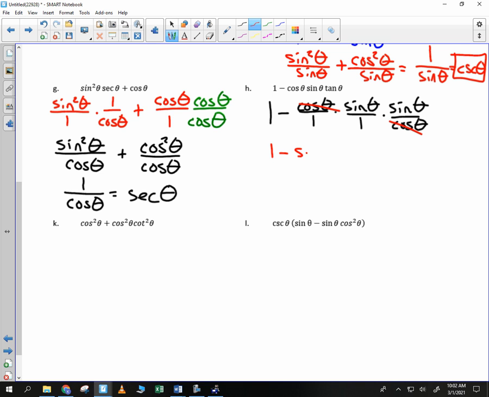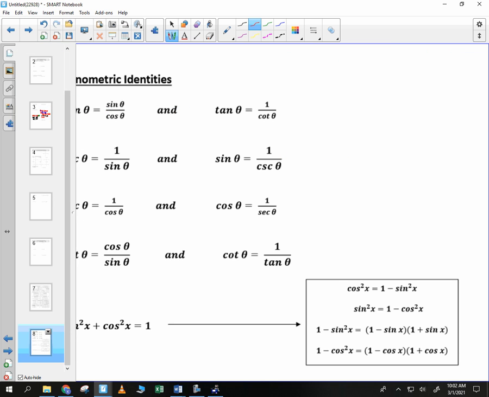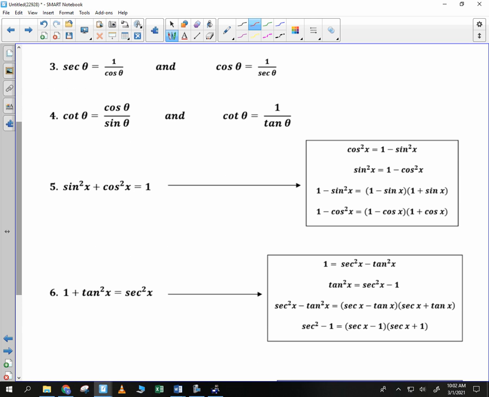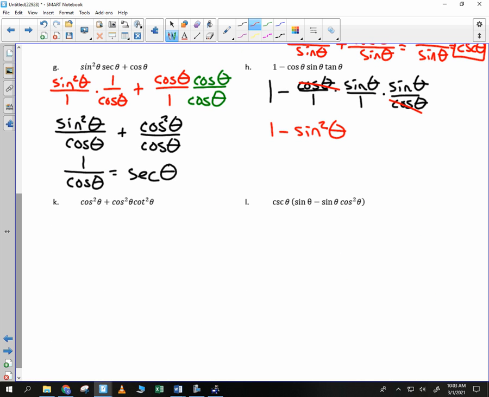I have 1 minus sine squared. Is there anything that tells us what 1 minus sine squared is? If we look at the sheet right here, if you see a 1 and a sine squared, your attention should be drawn here. 1 minus sine squared is cosine squared. So we can go back and simply put in its place cosine squared.